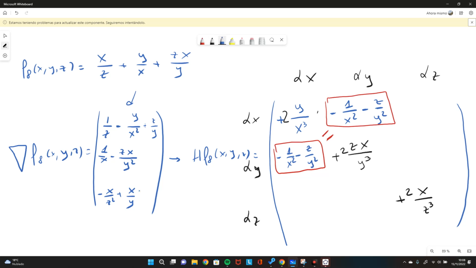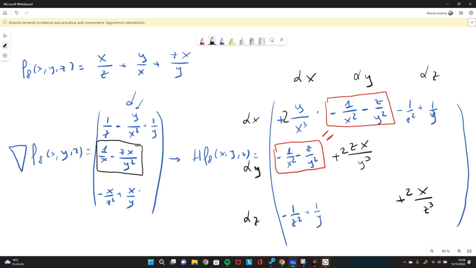First one with respect to z. This is minus 1 divided by z squared. Nothing with this. And here is just plus 1 divided by y. So same here, okay? Minus 1 divided by z squared plus 1 divided by y. And second one with respect to z.